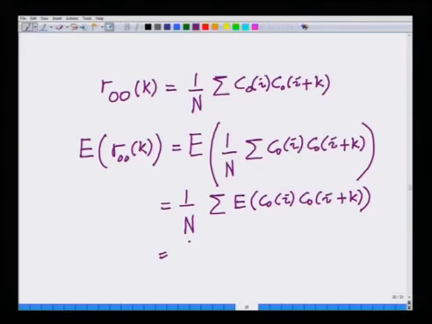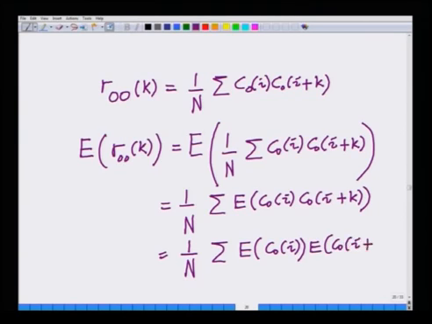Hence, I am going to simply write this as 1 over n sigma expected C 0 i, expected C 0 i plus k, which is equal to 1 over n.